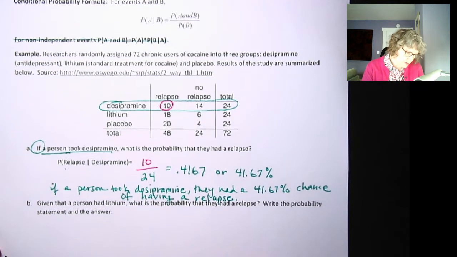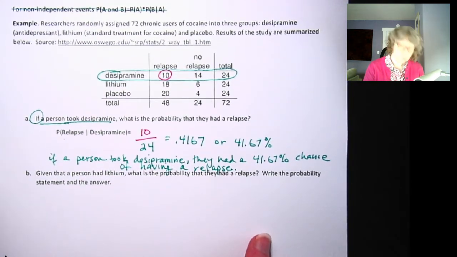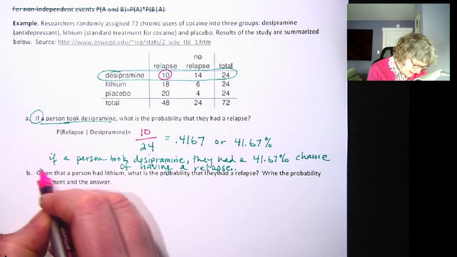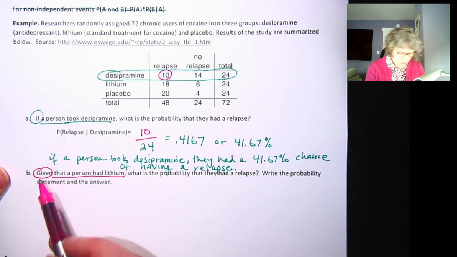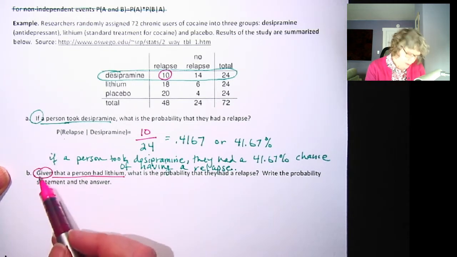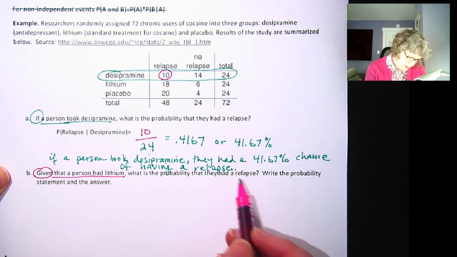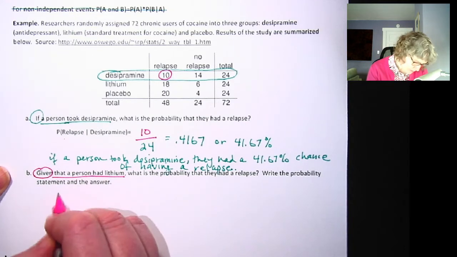Let's look at another example. Given that a person had lithium. Okay, so again, we have a different keyword, given, but the condition is coming first. What's the probability they had a relapse? So at this time, we have to write the probability statement.